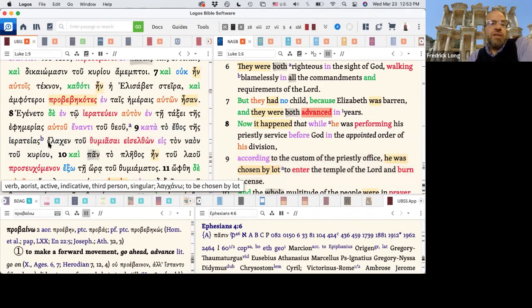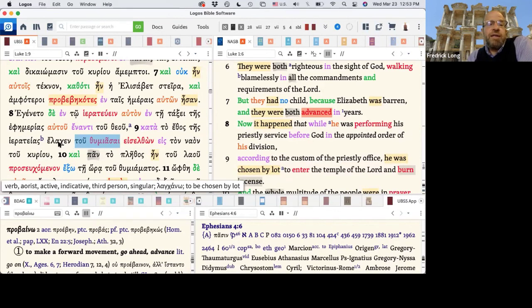And the lot fell to him, and then the purpose of that is indicated by the articular infinitive, to sacrifice. So how do we do with that article? Or to burn the incense. Well, the article, I think, is marking this as like a purpose idea.